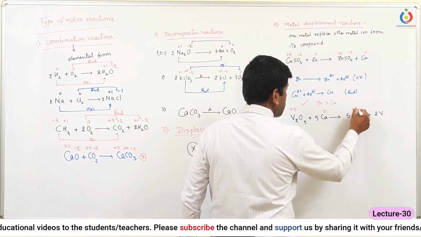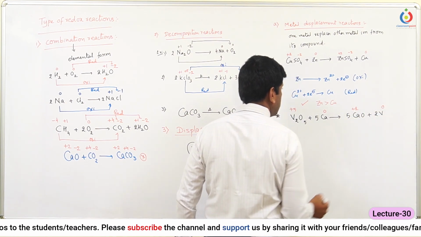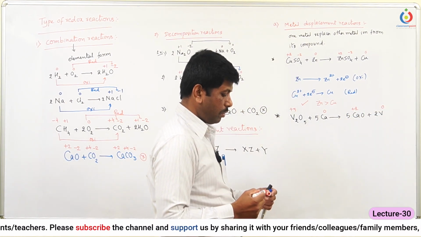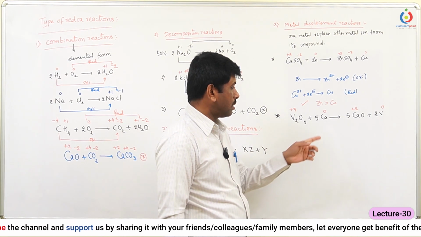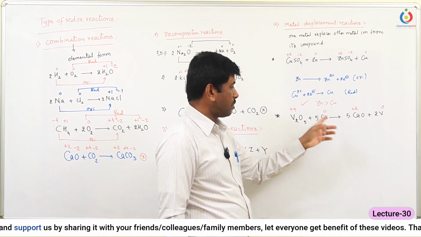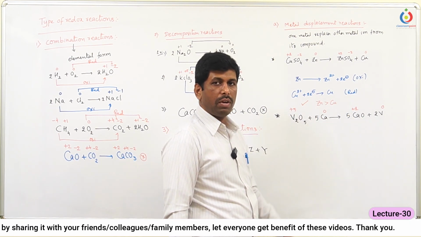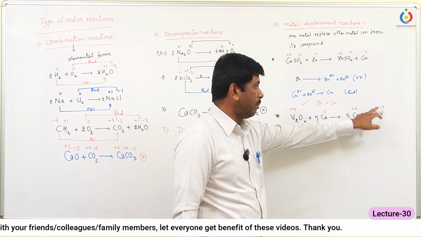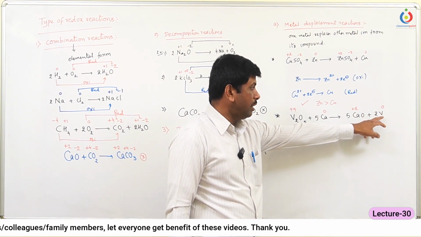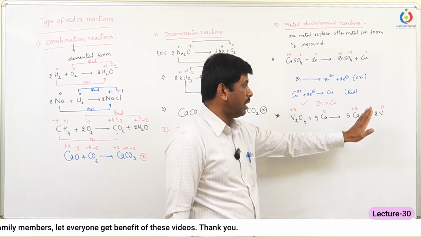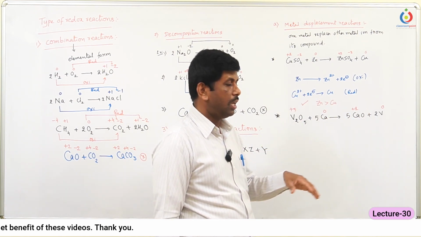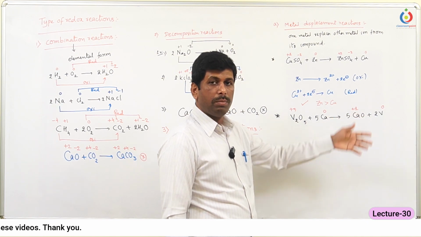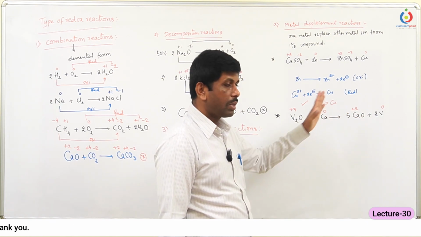Here calcium oxidation state is +2, vanadium oxidation state is 0. Then which element has more ability to release the electrons? Calcium is releasing electrons to the vanadium and making the vanadium convert into the vanadium in the elemental form. So that's 0. So even though both of these are in contact, vanadium cannot give the electrons to the Ca2+. Why? Because calcium has more ability to release the electrons than the vanadium.